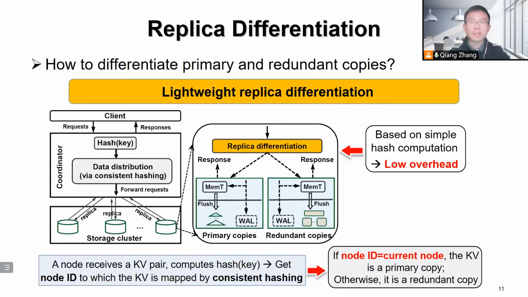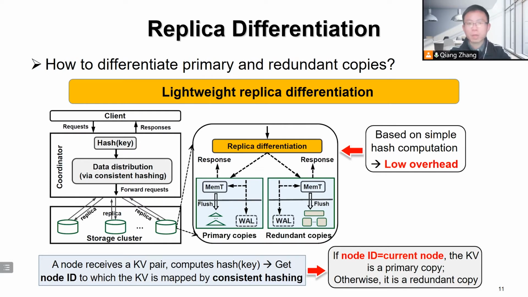To realize the idea in DEPART, we have to address several key challenges. First, how to differentiate the primary and redundant copies with limited overhead. We propose a lightweight replica differentiation scheme. This figure shows the workflow. When node N receives one of the replicas of the KV pair, it performs the hash computation on the key and determines the node to which the key is hashed according to the consistent hashing.